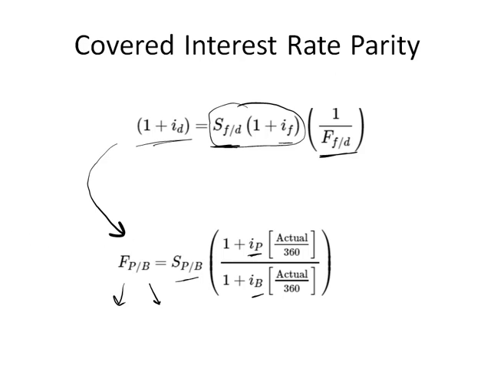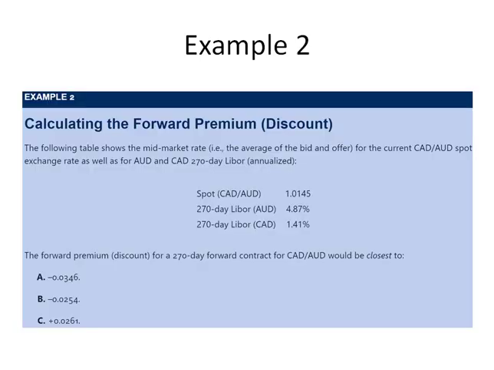Let's try to solve an example given in the curriculum. So here is the example. It says the following table shows the mid-market rate, that is the average of the bid and offer rate.